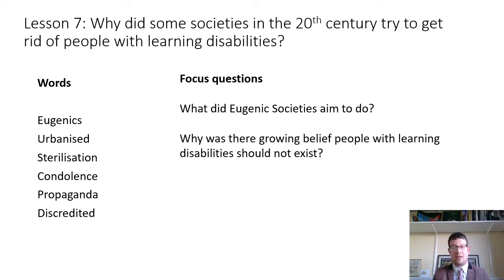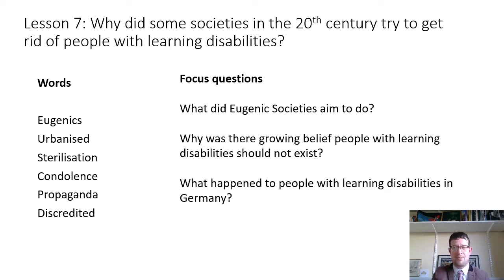The idea being that if someone with learning disabilities had children, well, those children would be more likely to have learning disabilities, and that would mean that over time, human beings became less intelligent, less advanced. And so there's this fear of people with learning disabilities, the idea that they should really not exist at all. And certainly if they do exist, they should be kept separate from the rest of society.